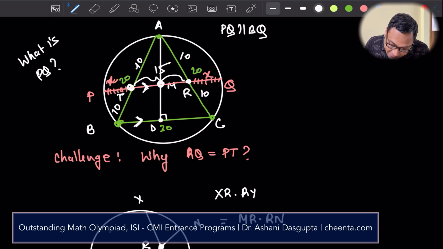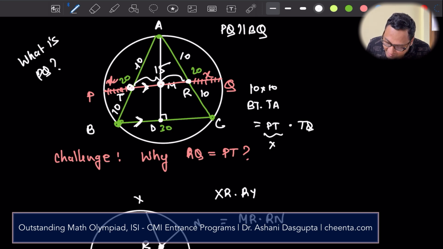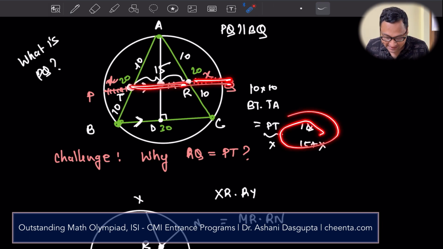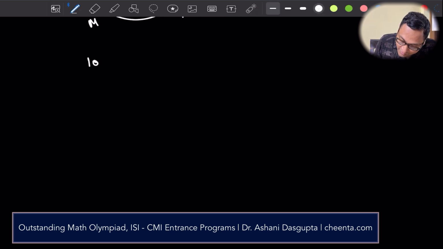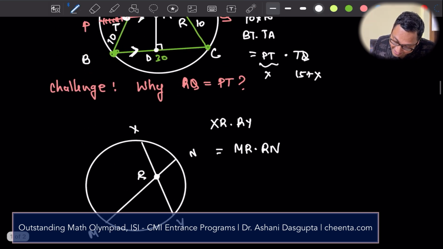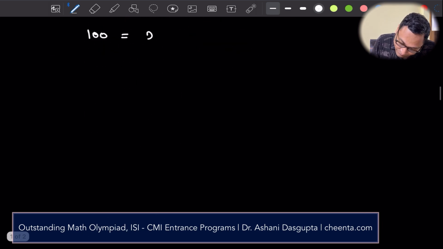It is BT times TA, which is simply 10 times 10, equal to PT, which is just x, times TQ, which is 15 plus x. This is 15, this is x. So 100 is equal to x times (15 plus x).